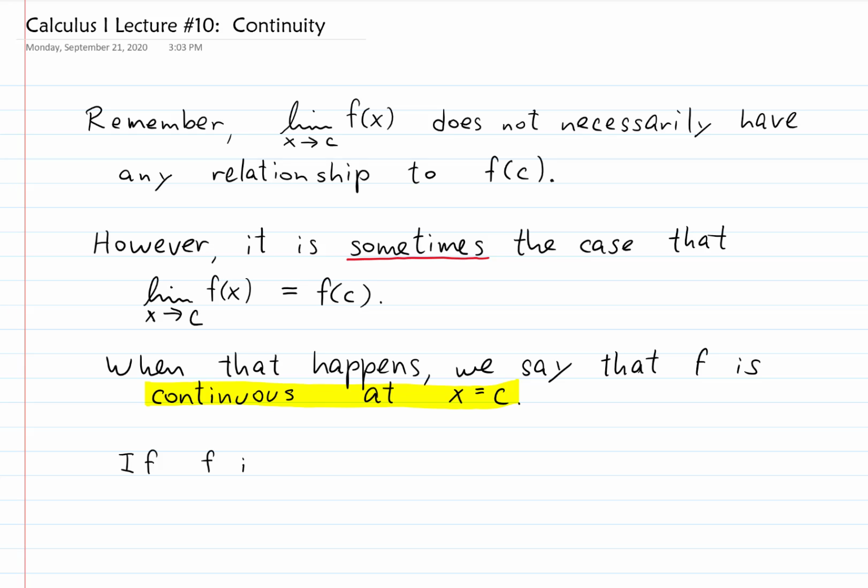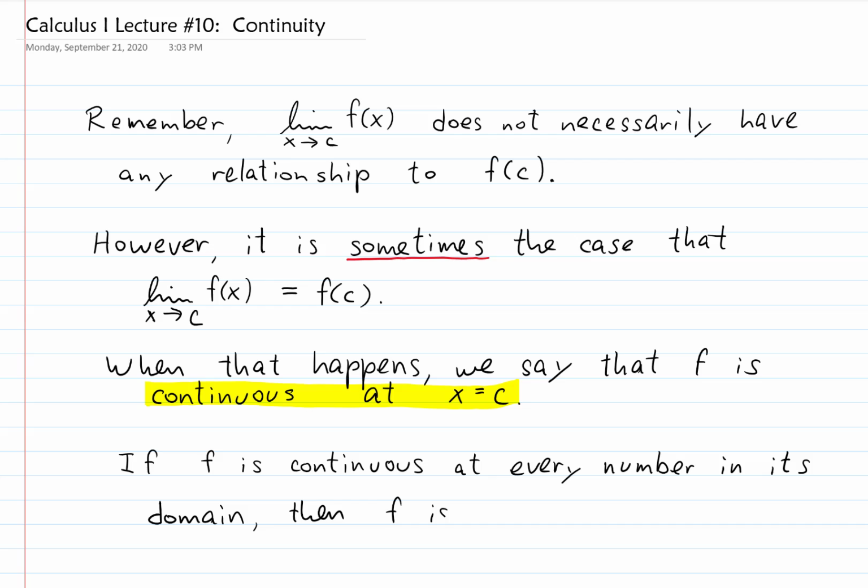If f is continuous at every number in its domain, then f is called a continuous function.